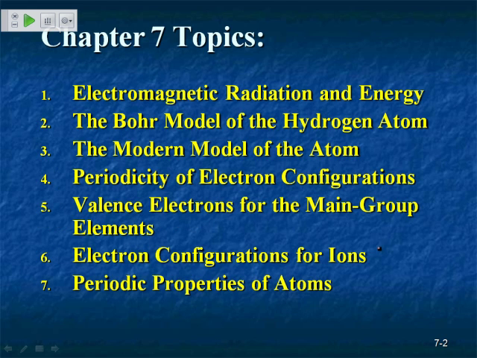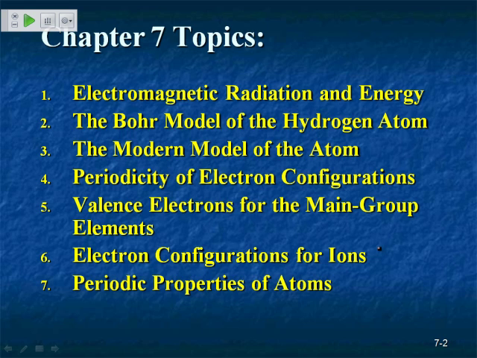The topics we would look at in chapter 7: we will start looking at electromagnetic radiation and energy. How do we characterize electromagnetic radiation? Then we will look at the Bohr model of hydrogen atom. We are going to look into the modern atomic model after that. What we are looking at is basically what is the arrangement of electrons in an atom.